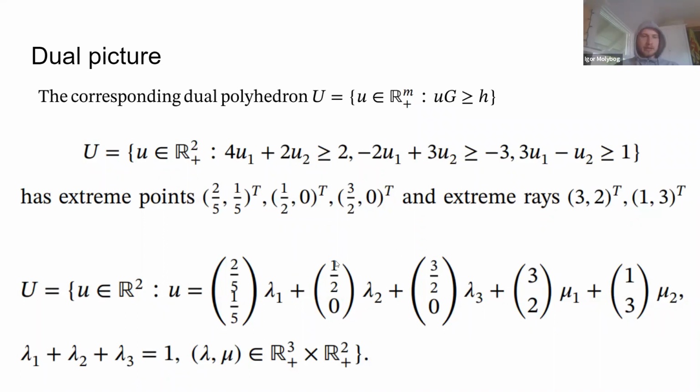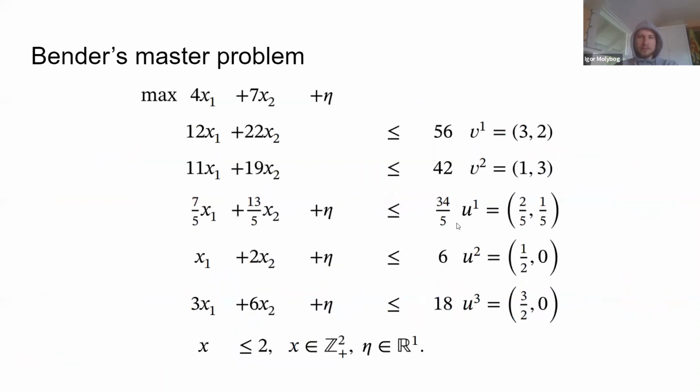So any point that belongs to the capital U can be written as a convex combination of the extreme points plus a conic combination of the extreme rays. This is just a fact from convex geometry or from polytopes.